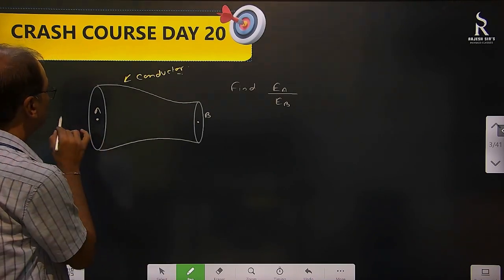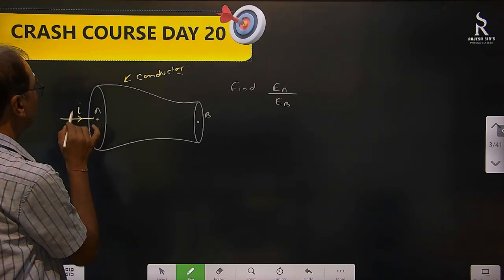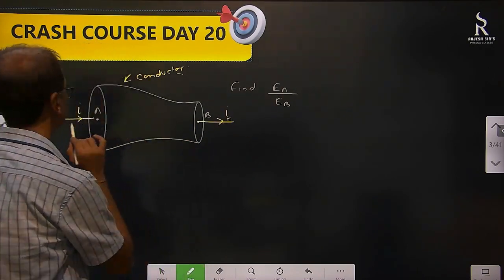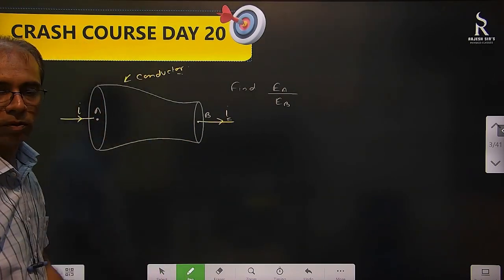Okay, so we know that if there is a current I over here, here also the current will be I. Current does not change; the same current will be flowing.